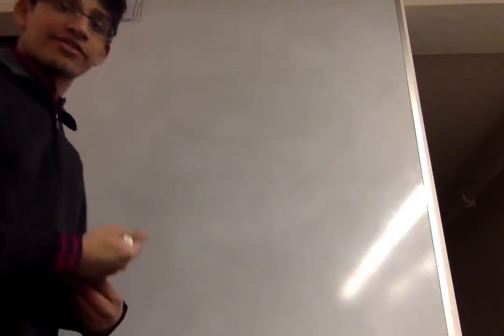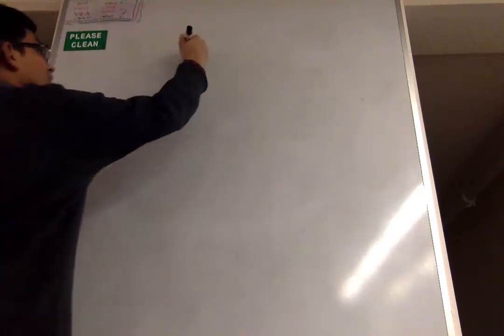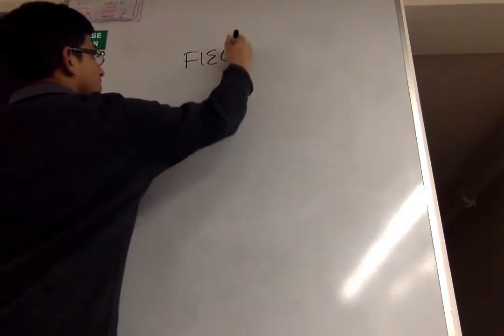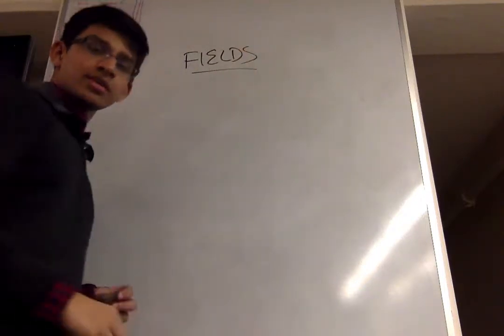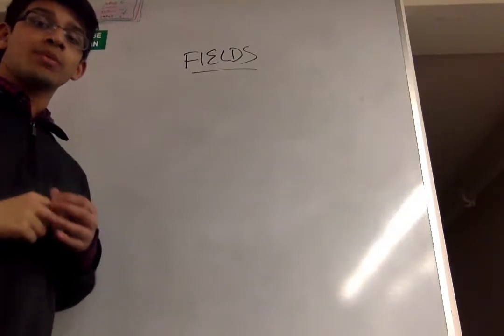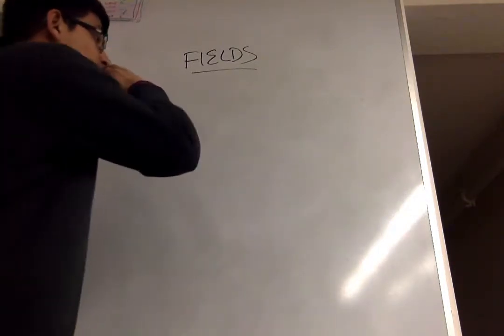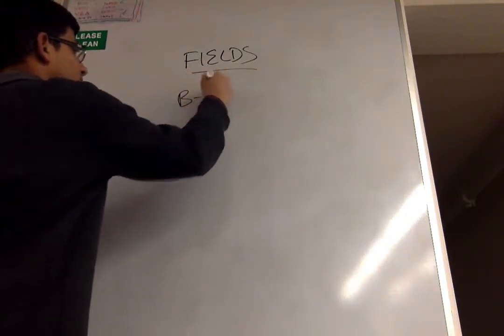So now I'm going to move on to a discussion of fields and field lines. So let's talk about fields. What are fields? Well, fields are, or rather a more appropriate name would be a force field. In this case, we're talking about the magnetic force field, also abbreviated as the B field.